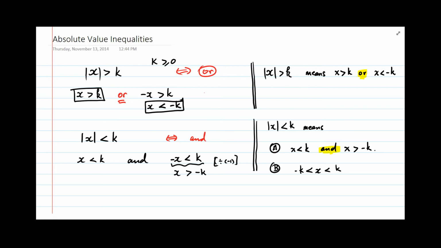All right, so let's work with the or statement. That's a bit more straightforward, and we're going to look at a few problems and see what happens as we go through.